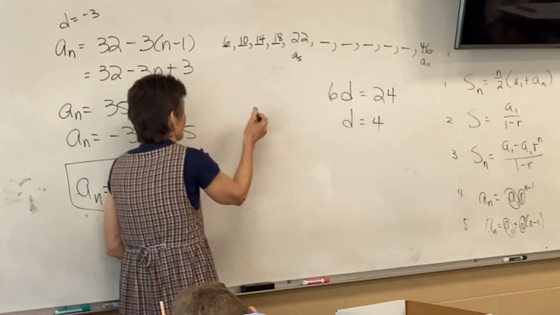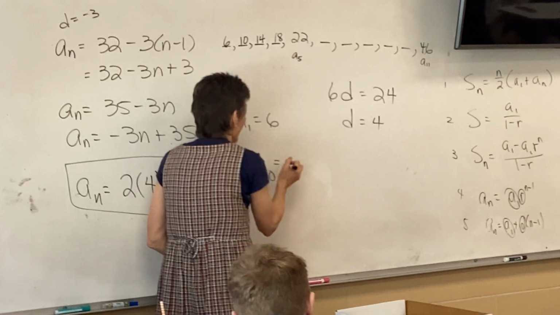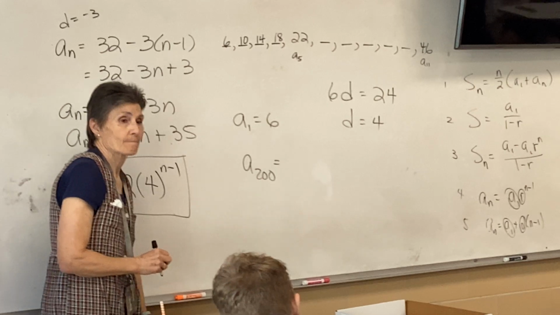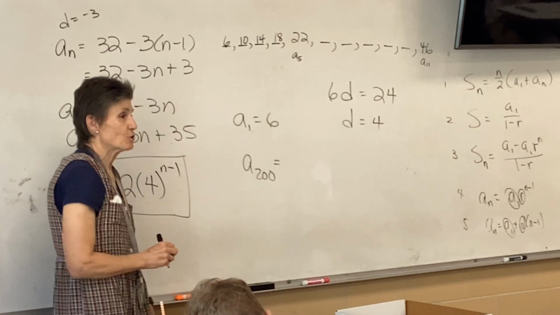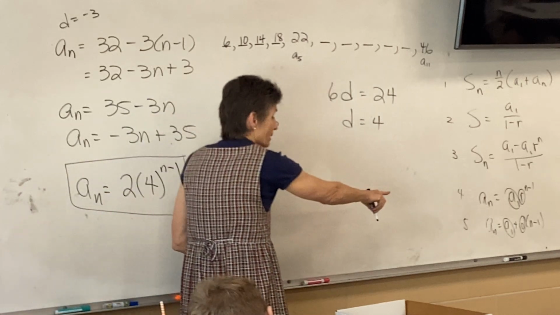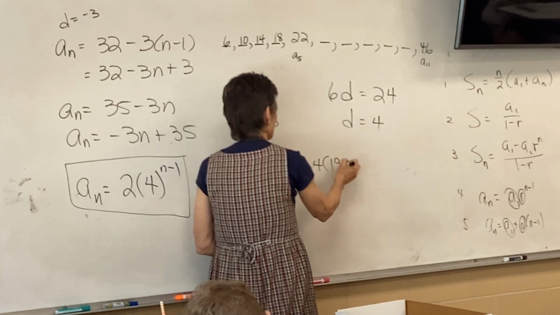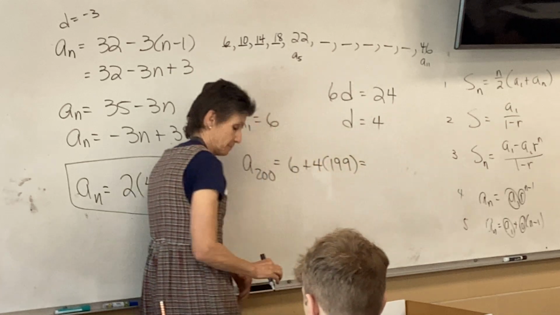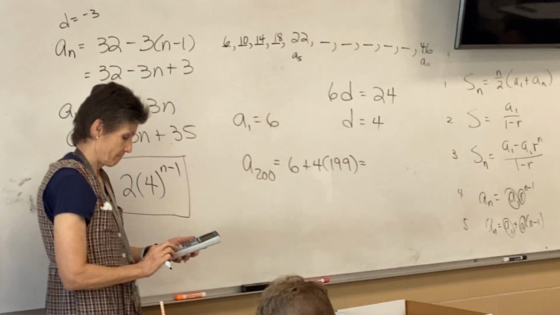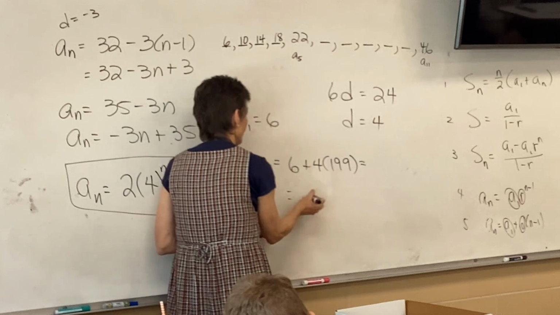That's my first term. Now I need the 200th term. How do I find the 200th term? Bottom formula. 6 plus 4 times 199. 802?